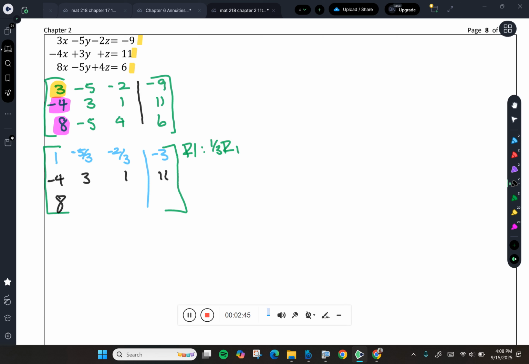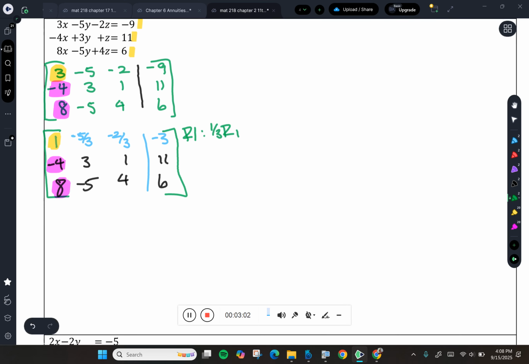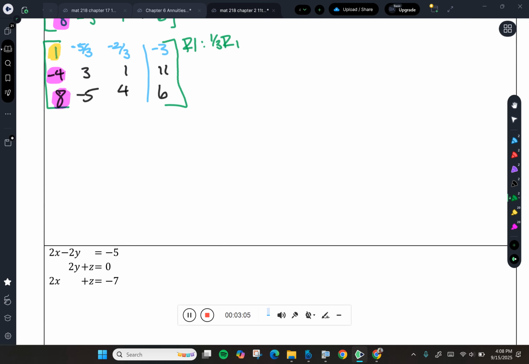I'll leave the third row alone: 8, -5, 4, 6. So I've got the 1 where I want it. Now I need to make this into a 0 and this into a 0. That'll be my next iteration of this matrix.